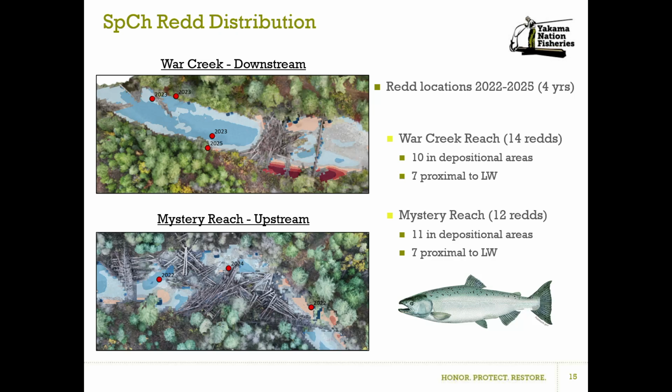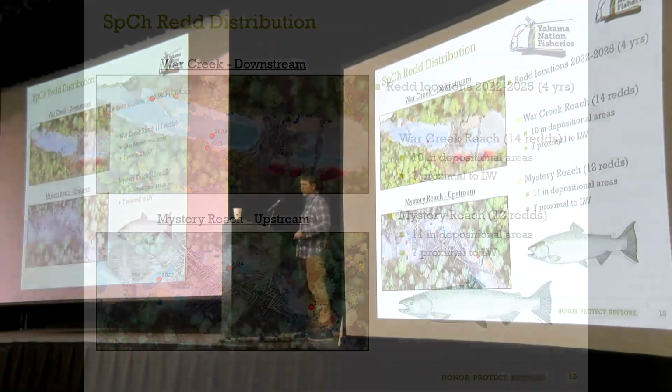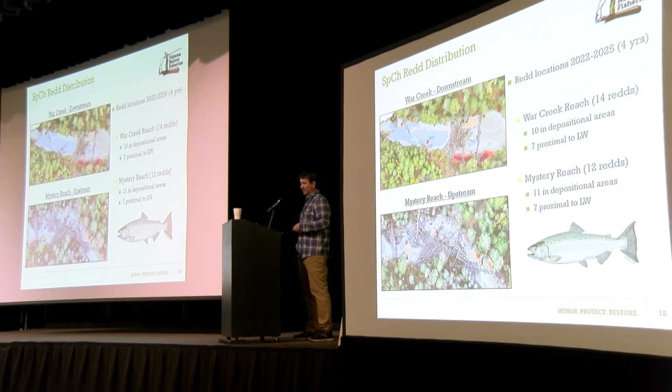I wanted to relate this to fish habitat in some way, so I contacted Ben Goodman with the Department of Fish and Wildlife up there in the Methow, who runs the spawning ground survey program for spring Chinook, and he sent over the most recent data for the last 4 years, so just since the project was completed. My theory or my observations while being out there during August and seeing where fish were spawning suggested that we were seeing a lot of fish use these depositional areas.